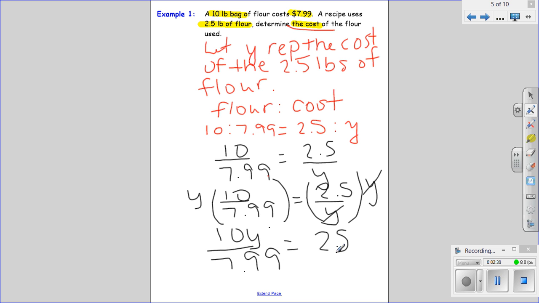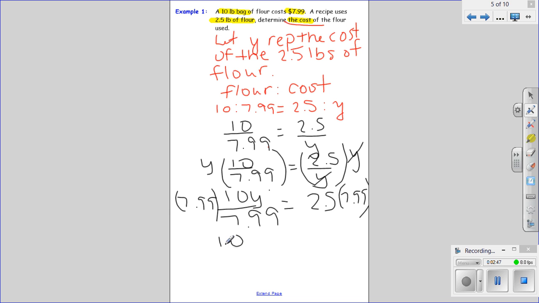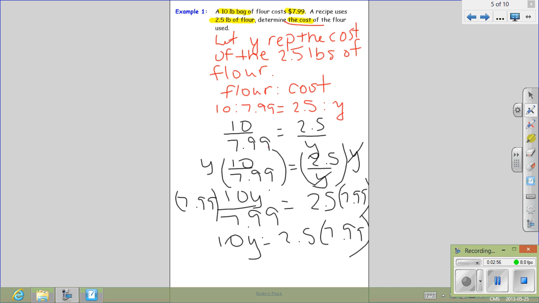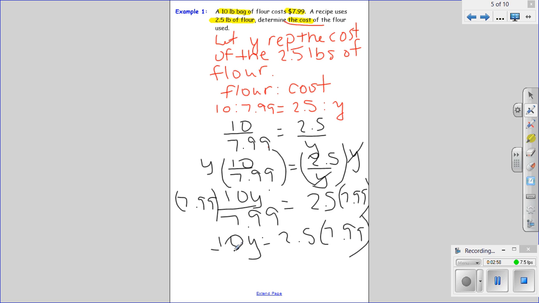Then we need to get rid of the 7.99 in the denominator, so we multiply both sides by 7.99. So now we have 10y is 2.5 times 7.99. And now we need to get y by itself, so we do that by dividing both sides by 10.